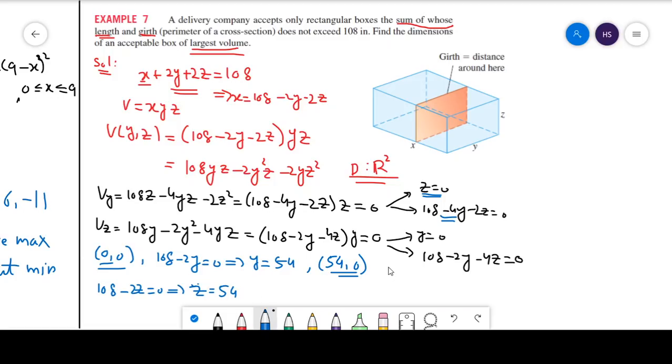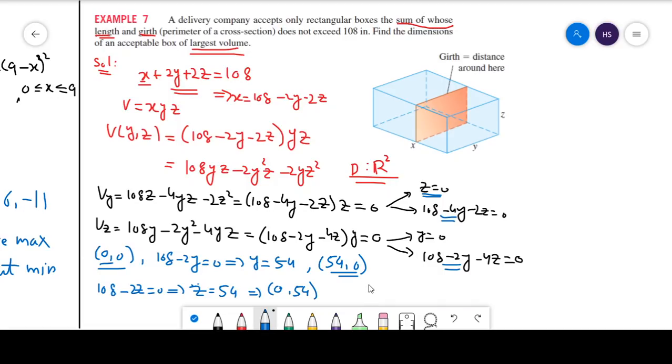And since y is 0 in this case, y is 0 and z is 54.